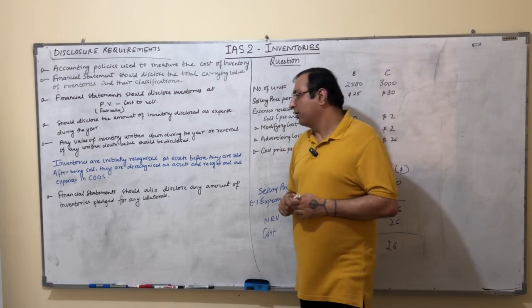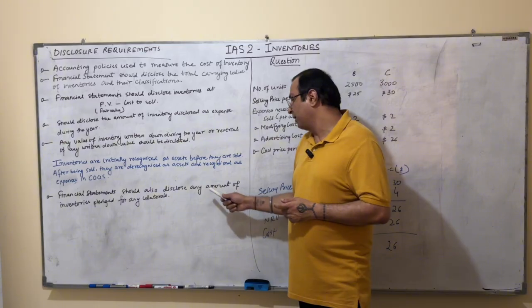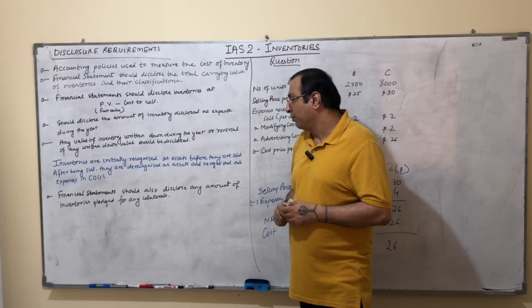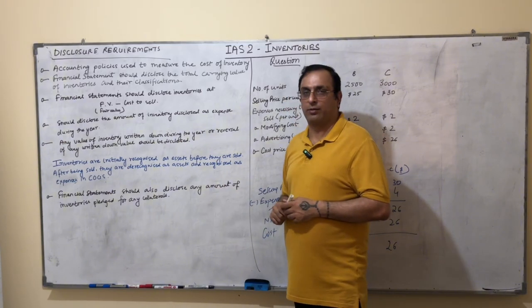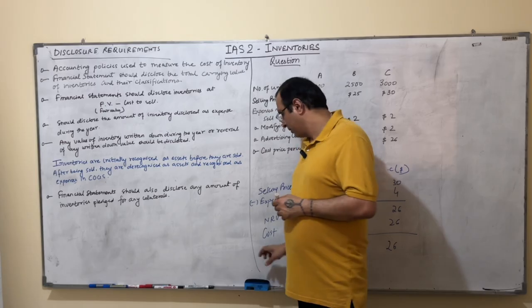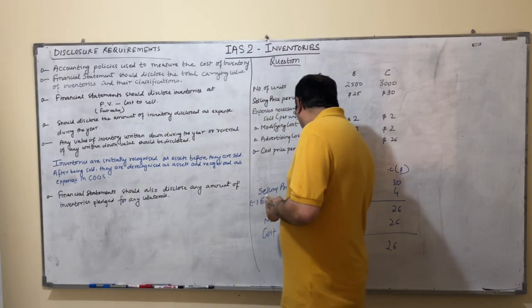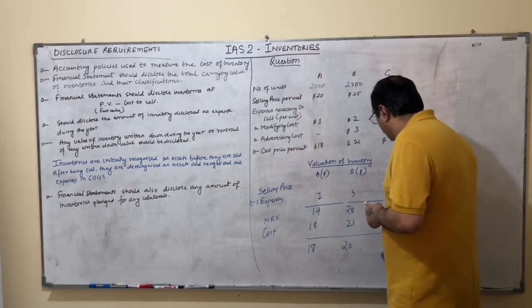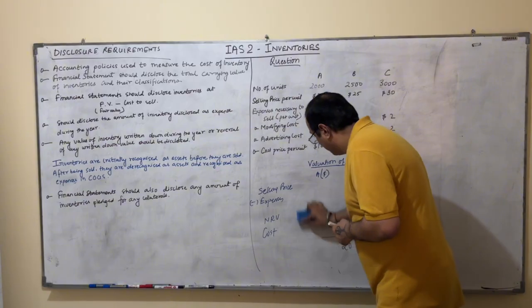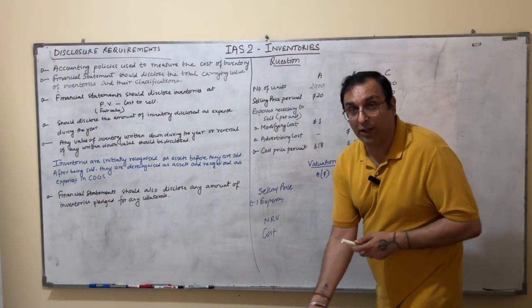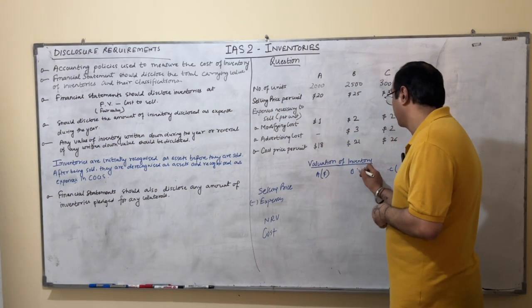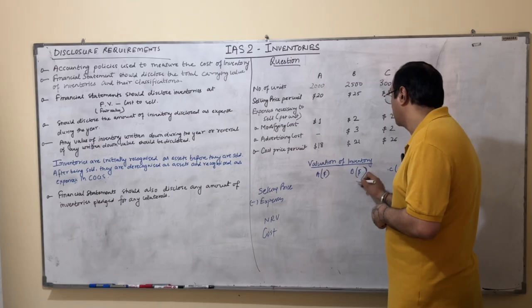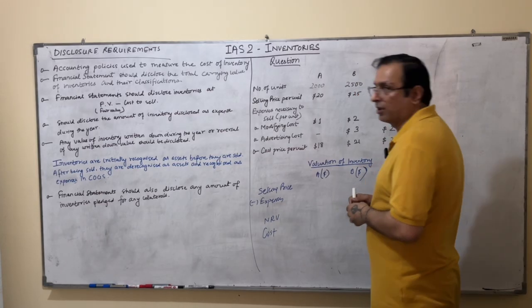And financial statements should also disclose any amount of inventories pledged as collateral. Right, guys? So now we will do a small question, a small example, so that we can understand properly how we value inventories, as we said, at cost or NRV, whichever is less.